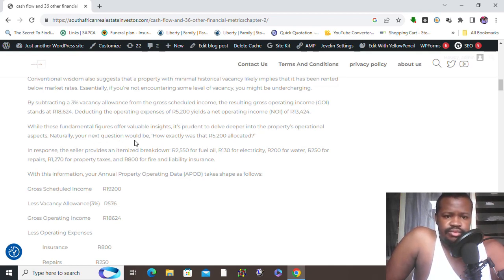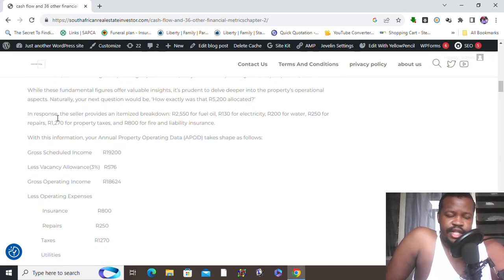Naturally, your next question would be, how exactly was the 5,200 rand allocated? In response, the seller provides an itemized breakdown: 2,550 for fuel oil, 130 for electricity, 200 rand for water, 250 for repairs, 1,270 for property taxes, and 800 rand for fire and liability insurance.